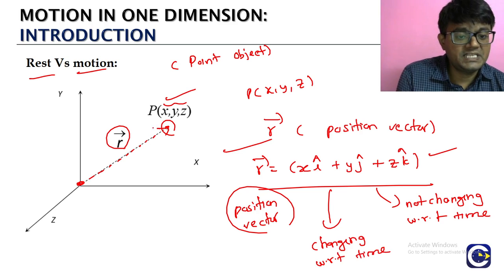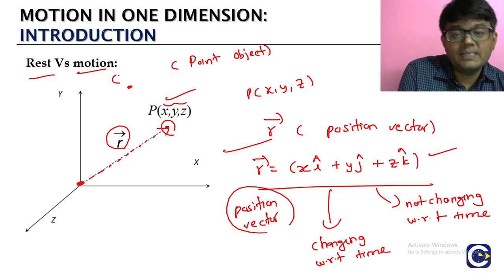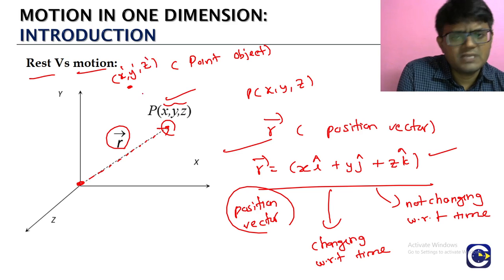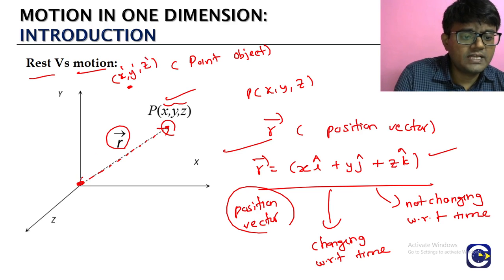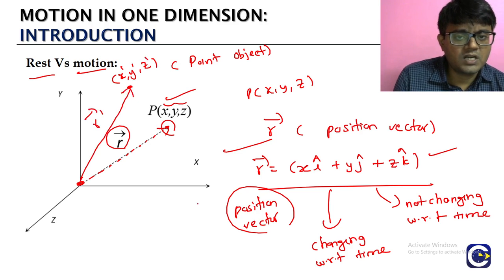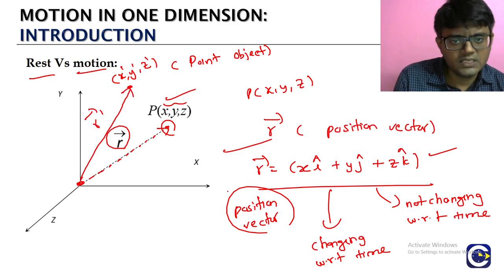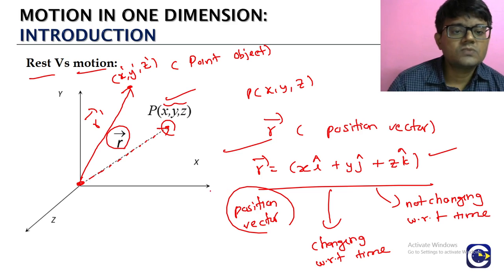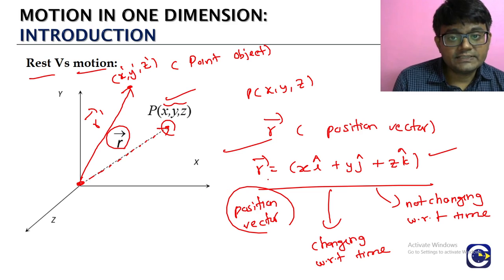When R bar changes, let us say it is moving from here to here, then obviously the location will be something else, maybe x dash, y dash, with some other values. The position vector is basically changing; we can call it R dash bar, a different value. So this is what we understand from the concept of rest and motion.